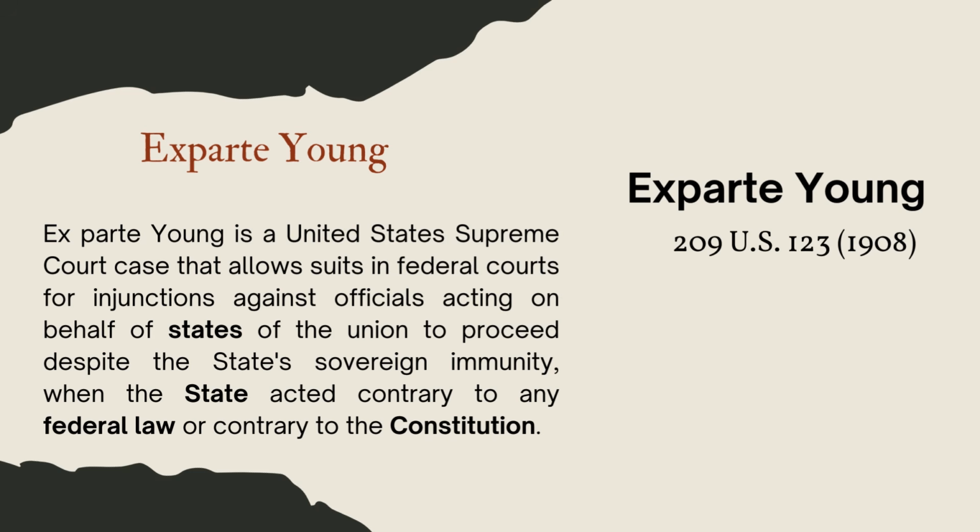Under Ex parte Young, federal courts allow suits against state officials acting on behalf of the state when the state violated federal law or the Constitution. Ex parte Young is a 1908 landmark case, and you can read it at 209 US 123. So let's look at it in detail.